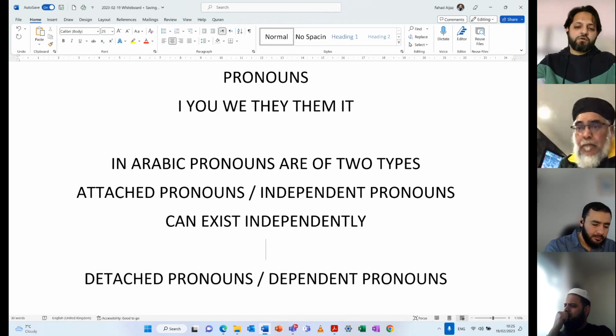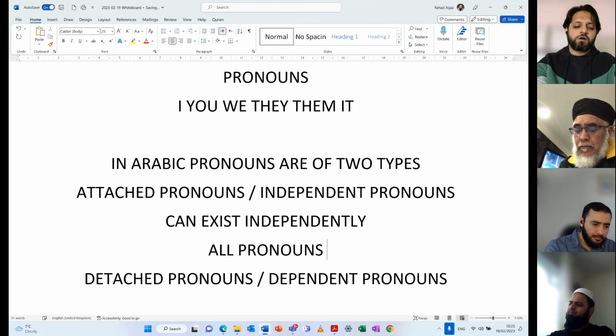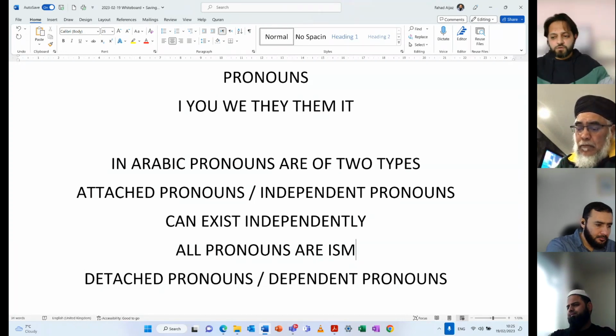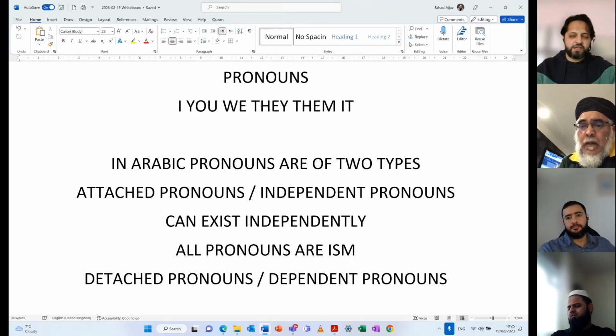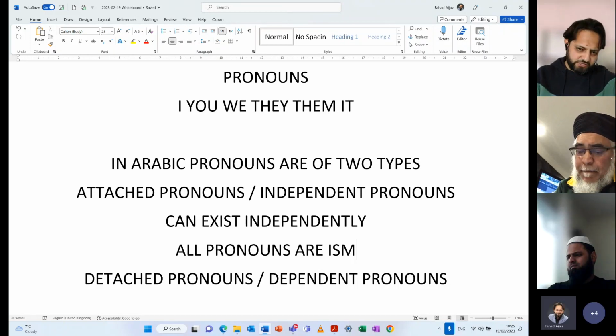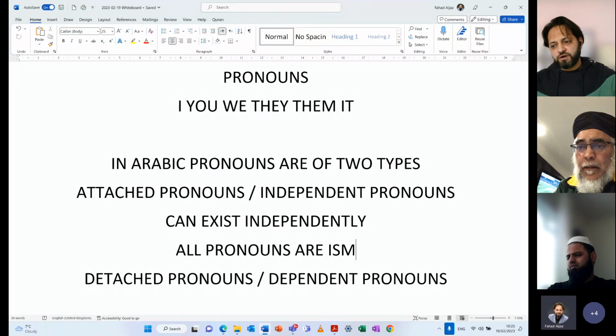One characteristic for pronouns, not just independent pronouns, is that all pronouns are isms. Now, when we studied the definition of ism, we said it's a thing, it's an idea, it's an adjective, and we said all and more.